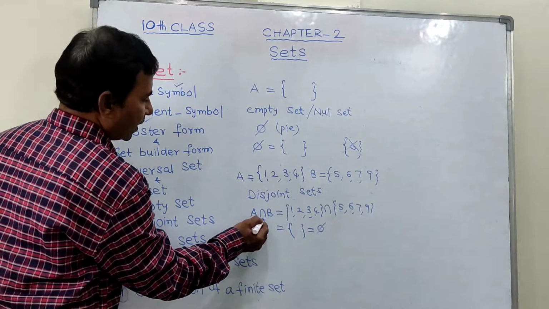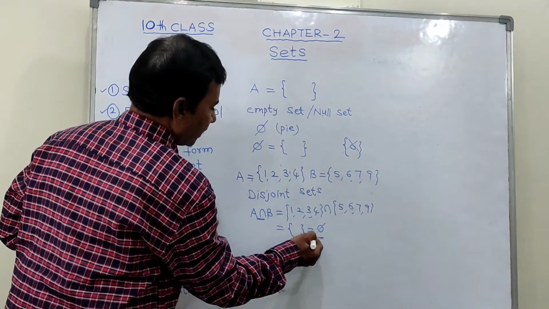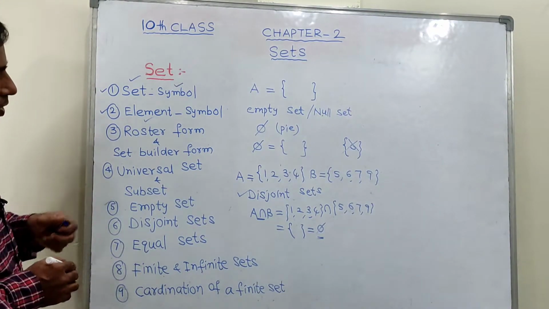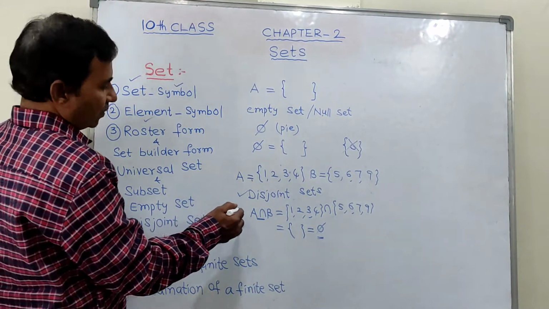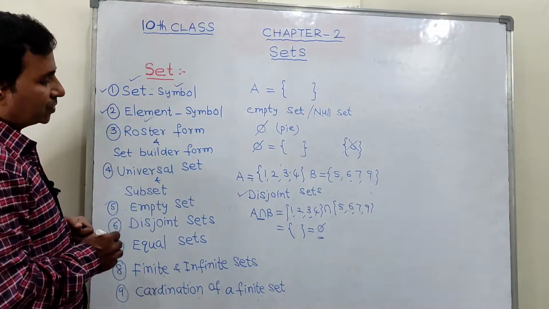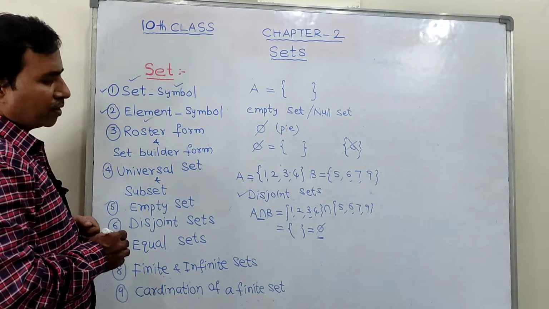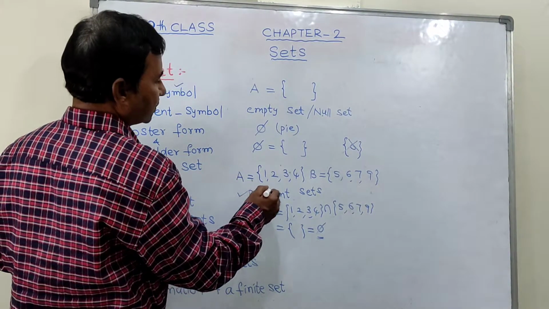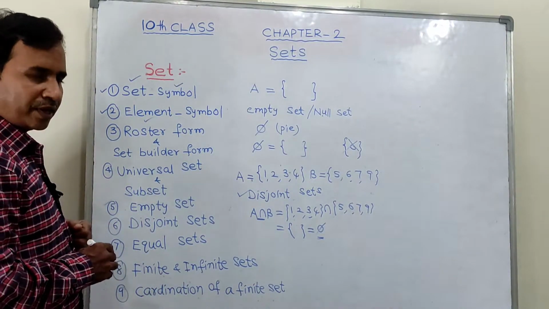Means whenever A intersection B is equals to phi, those two sets are called disjoint sets. That is one formula. By the way of problem, if any two sets A intersection B becomes phi, null set, immediately we will say that those two are the disjoint sets. Okay.